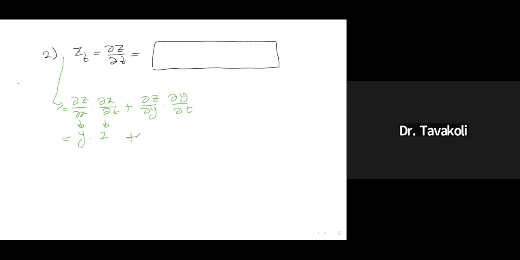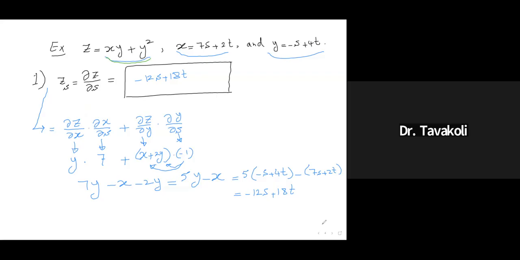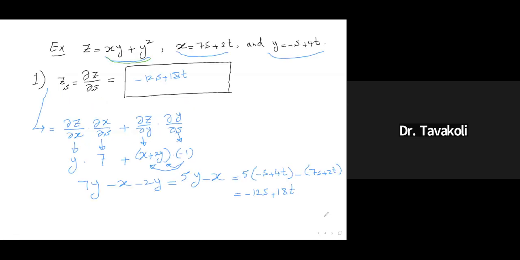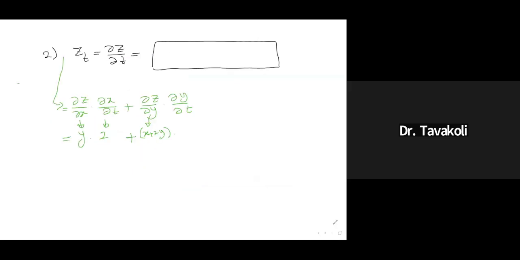Then partial derivative of z with respect to y, z is xy plus y squared. Partial derivative with respect to y is x plus 2y. And then times partial derivative of y with respect to t. y is minus s plus 4t. Partial derivative with respect to t is just 4.